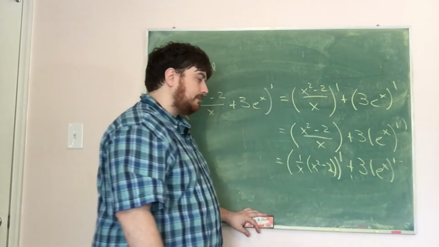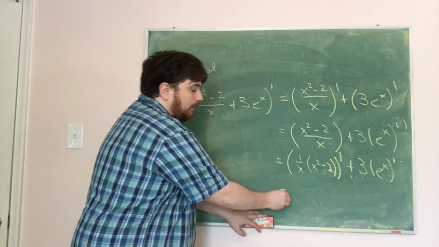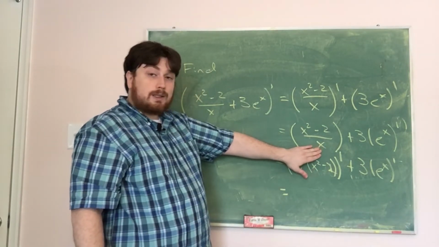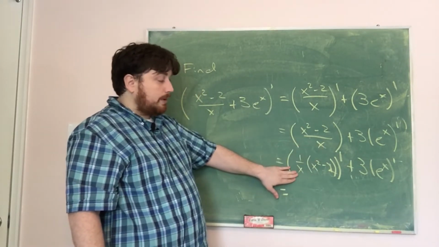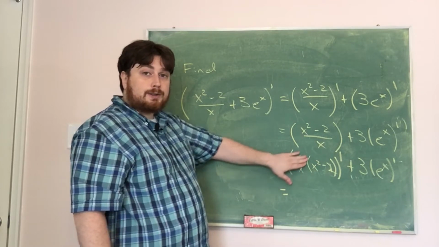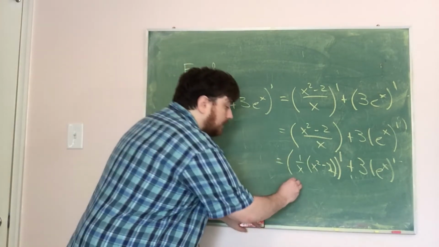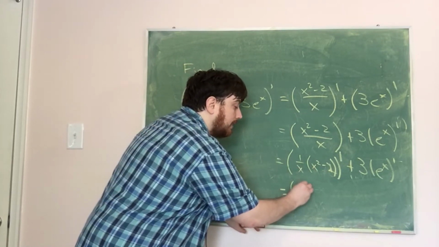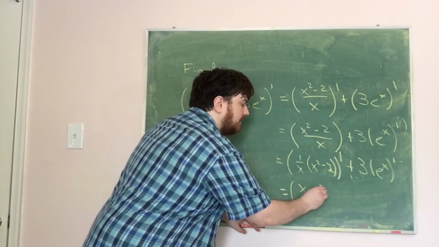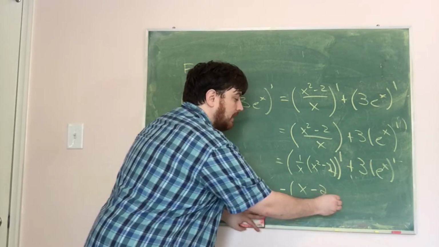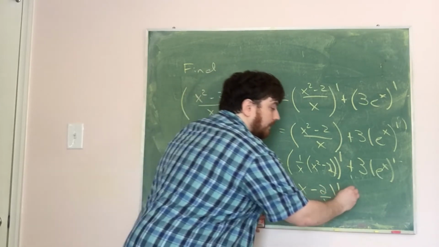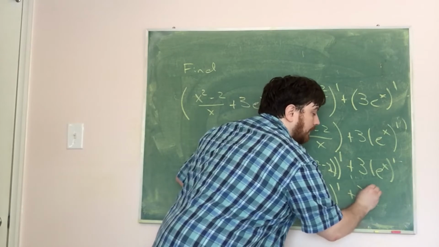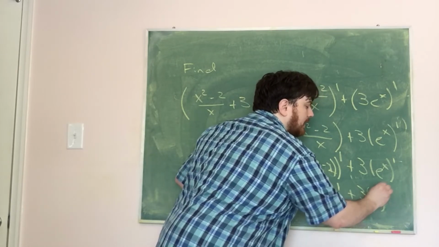The reason that's helpful is that dividing by x is the same as multiplying by 1 over x, so I can distribute the 1 over x. What I get is x squared over x, which is just x, minus 2 over x, and I'm going to take the derivative of that plus the derivative of 3 times e to the x.